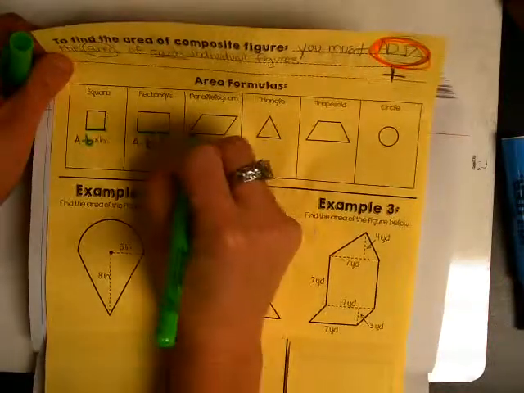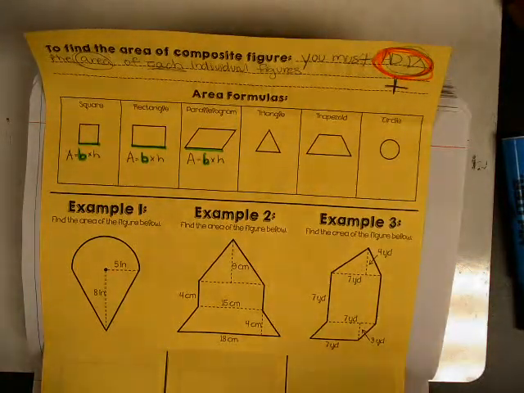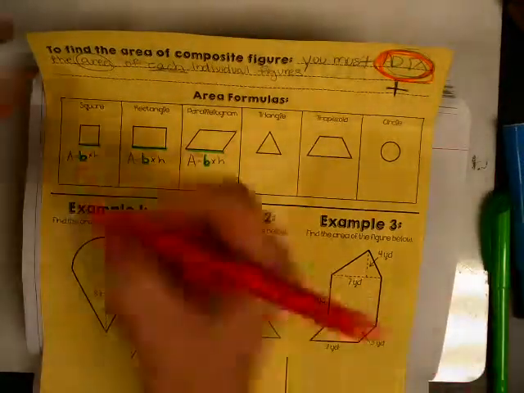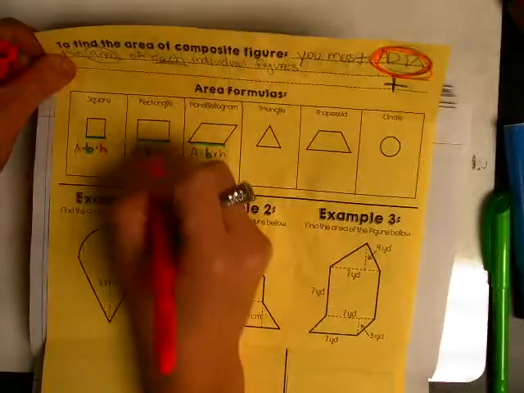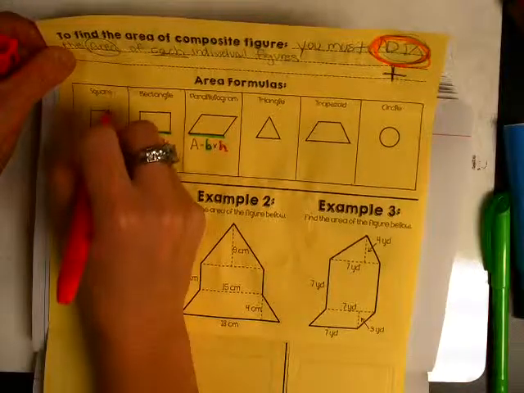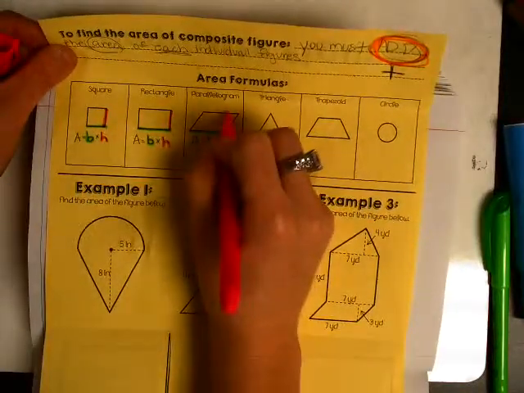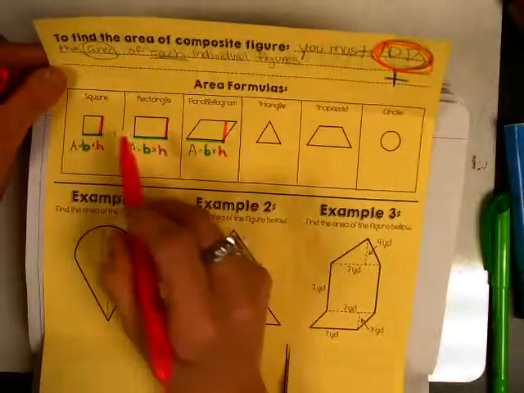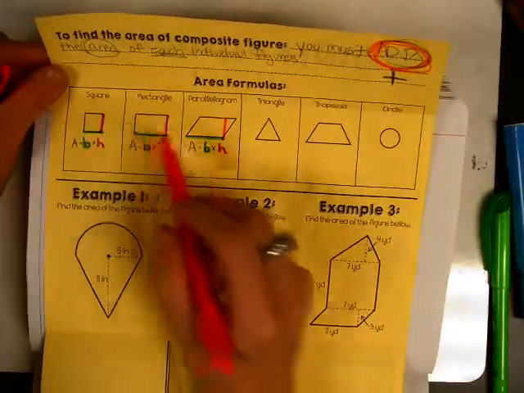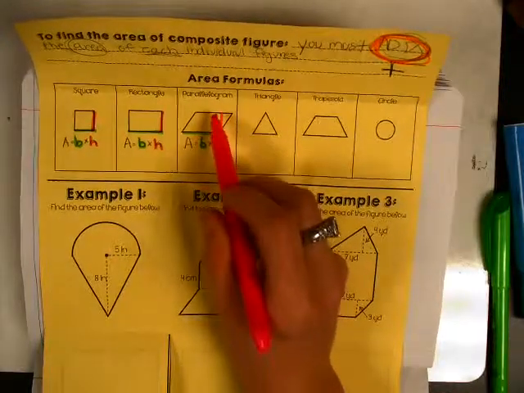I wrote all these together because notice they're the same. The heights I'm going to do as pink. The height is how far it is from base to base. Notice this one's on the figure, this one's on the figure, this one is through the figure, because it's from base to base.